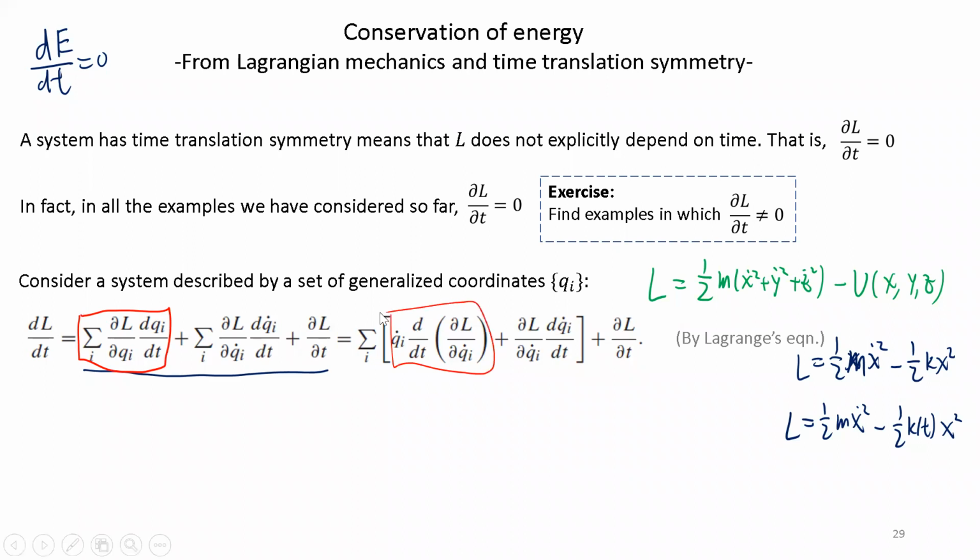This dq_i/dt is q_i dot. And by the Lagrange equation, this partial L partial q_i is d/dt of partial L partial q_i dot. So that's how I get to this term over here.